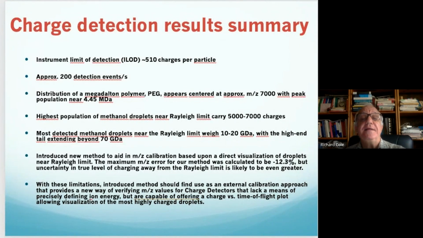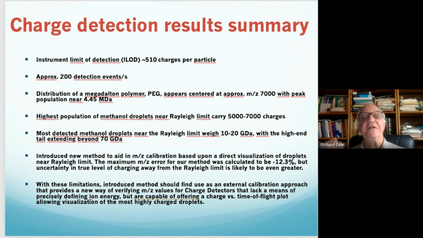Most detected methanol droplets near the Rayleigh limit were in the range of about 10 to 20 gigadaltons, but we had some at the very high end extending up to 70 gigadaltons. So really high mass analysis. We did quite a bit of evaluation of the error in measured charge and in measured mass to charge, and we showed that the maximum error of our method is calculated to be about 12.3%.